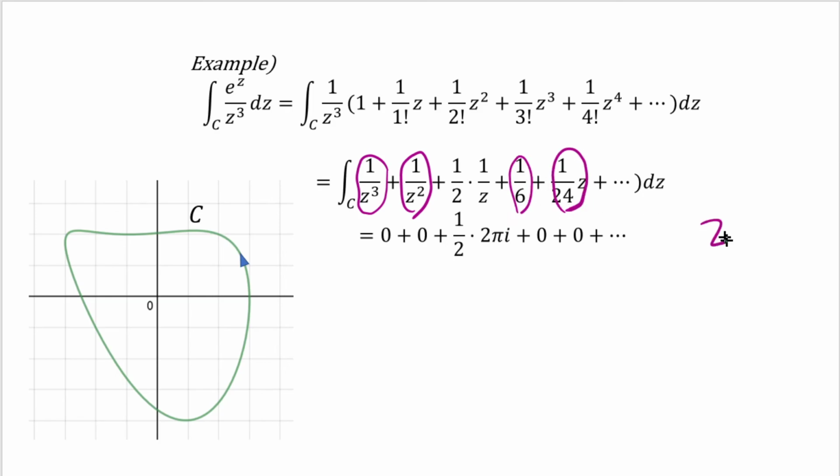Anything that looks like z to some power, even the constant ones, gives you 0, except for this one thing. We know that 1 over z integrates to 2 pi i. So once we have this, we can simply say the integral is pi i, and that's it.